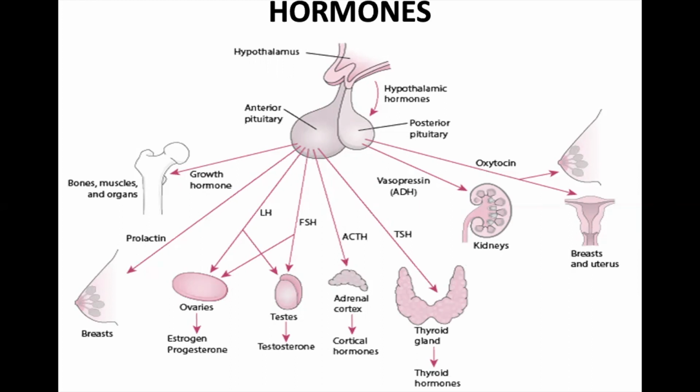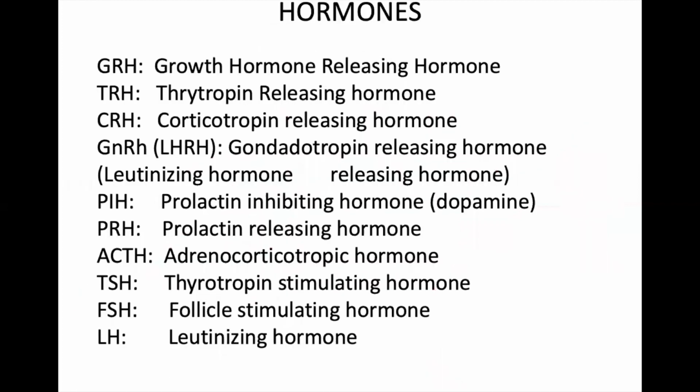And you can see the change in name over there. They are stimulating hormones: thyroid stimulating hormone, adrenocorticotropic hormone, then FSH, follicle stimulating hormone, and luteinizing hormone. So this is how the hormones are released in our bloodstream to regulate various activities.